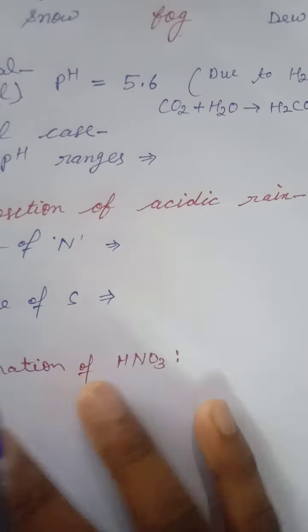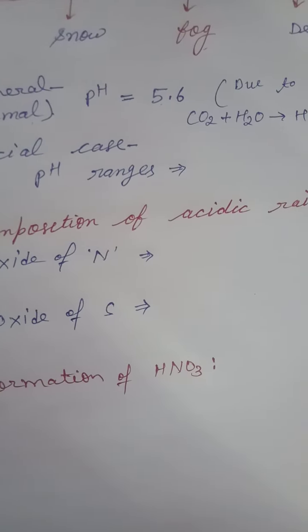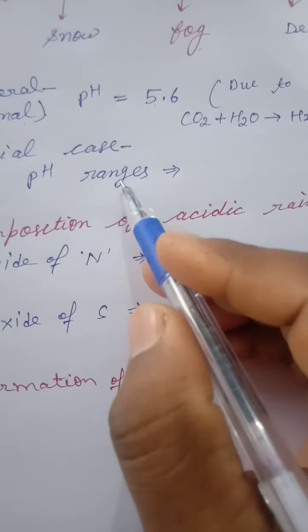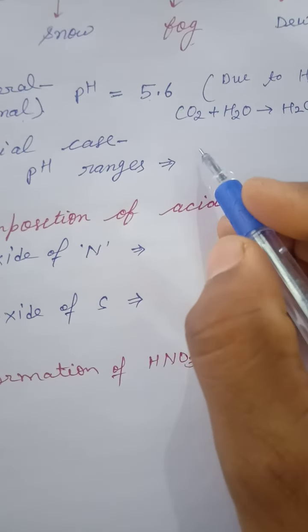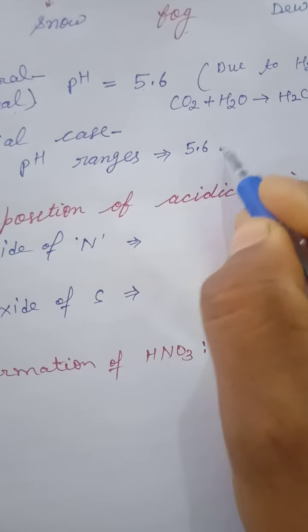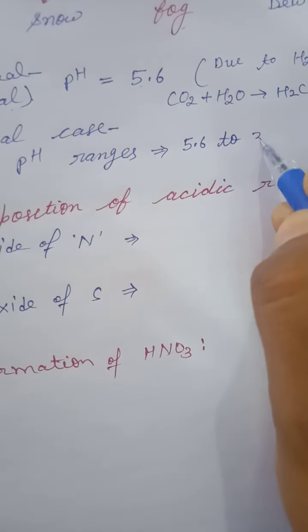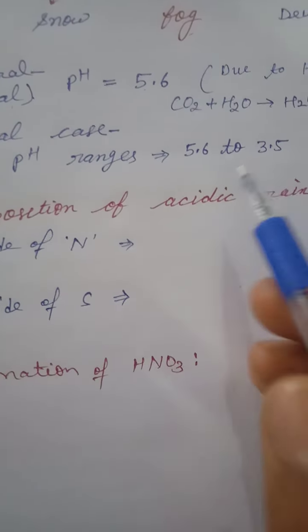Now, in case of the presence of sulfuric acid and nitric acid, the pH range for rainwater is from 5.6 to 3.5.